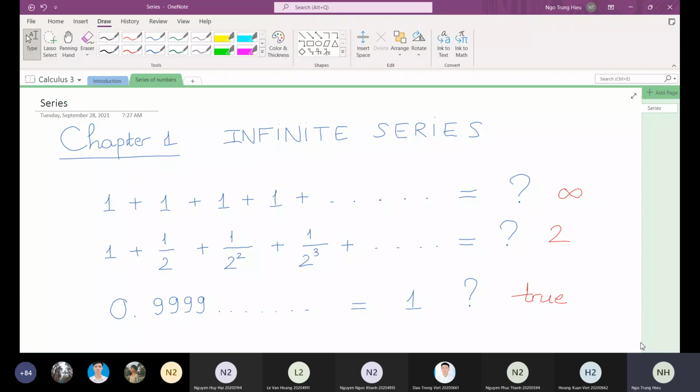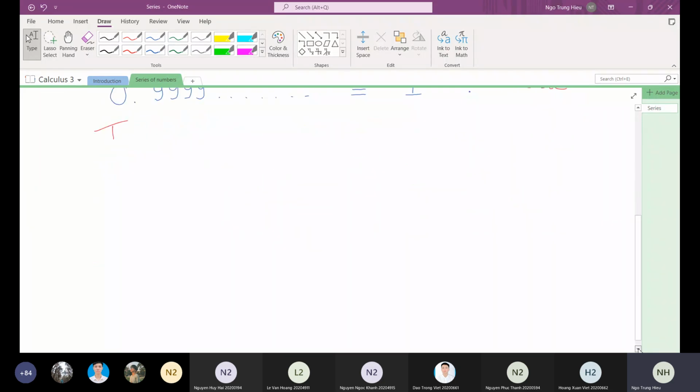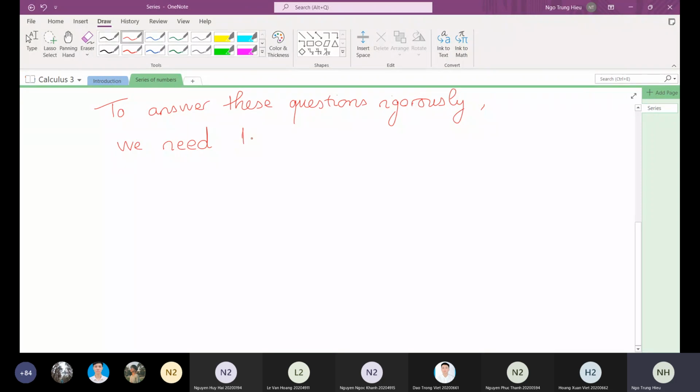So we need some language so that we can describe the solution more rigorously. We need the language of sequences and series.